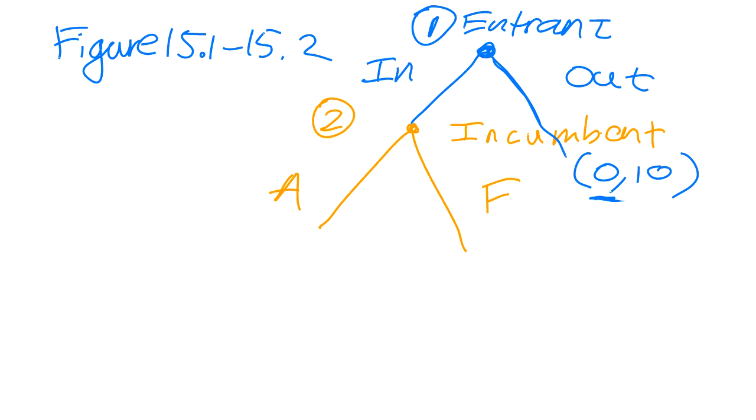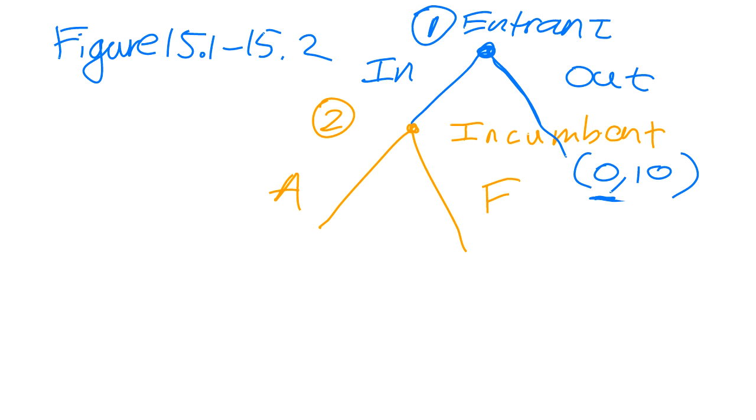But the second number, which is 10, is the payoff that goes to the second player, the incumbent. So the incumbent is still going to get 10 because the first person decided to stay out of the industry. Okay, that makes sense.